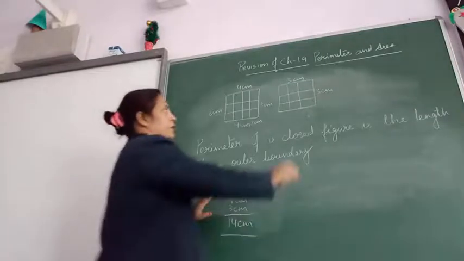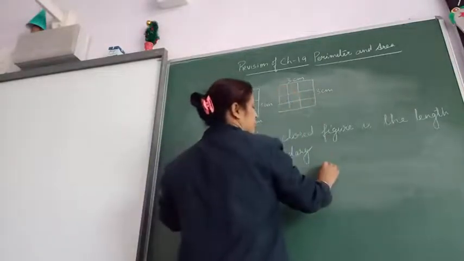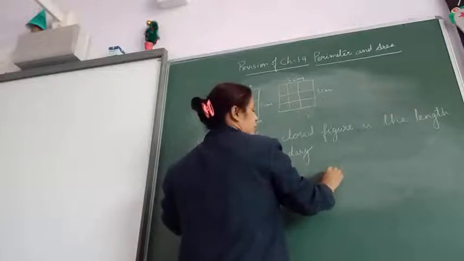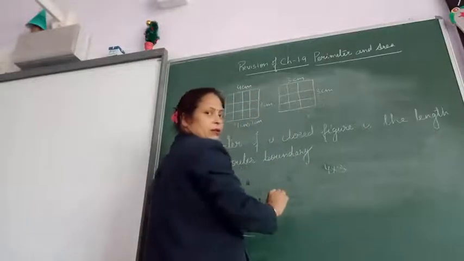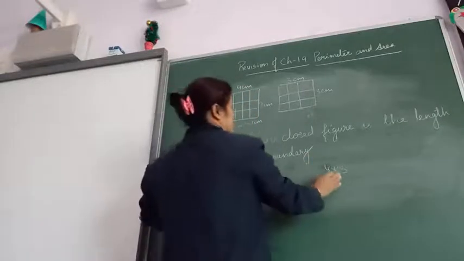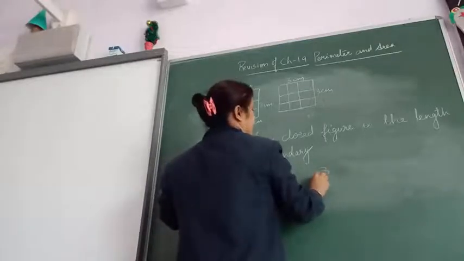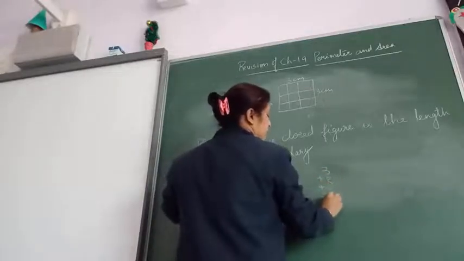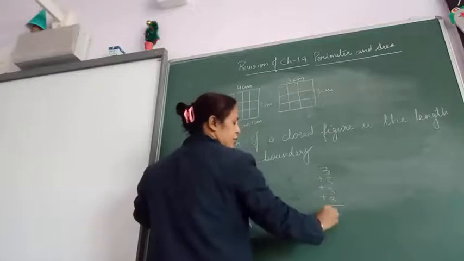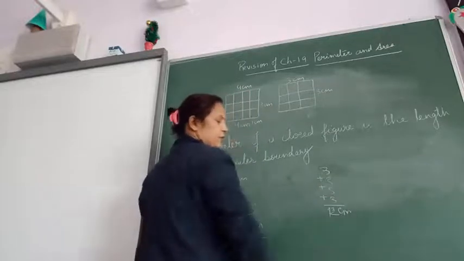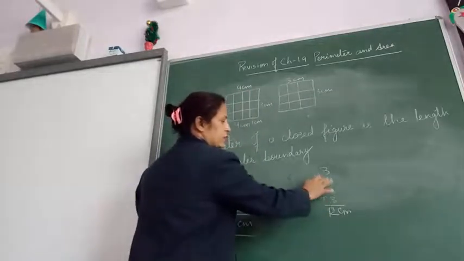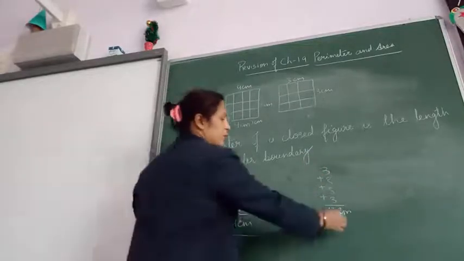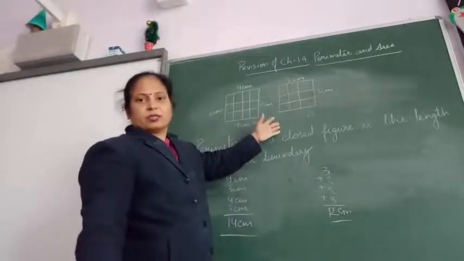Now here, because all the sides are equal, you can just do 4 into 3. Or you can just add it all, 3 plus 3 plus 3 plus 3. This way also you will get 12 centimeter. So here the perimeter is 12 centimeter.